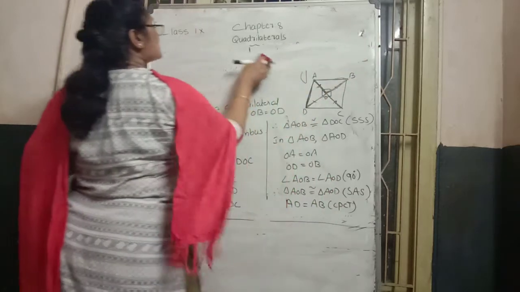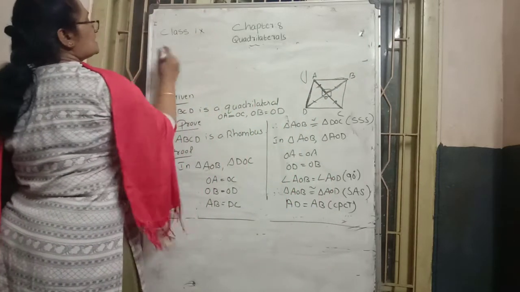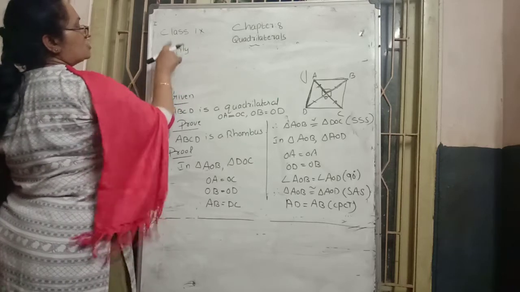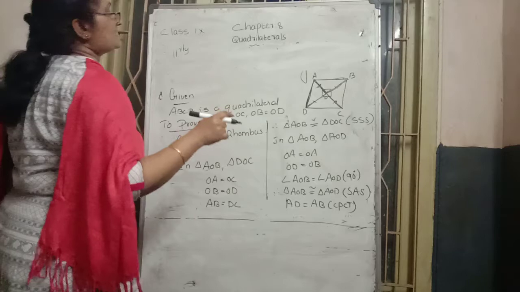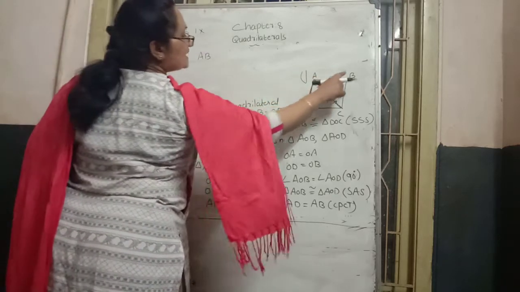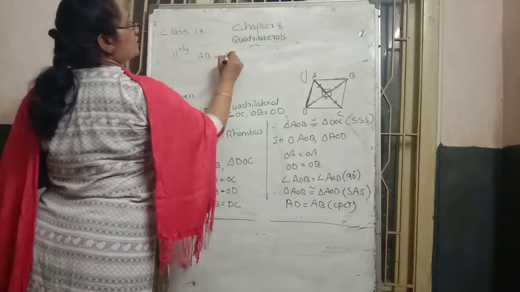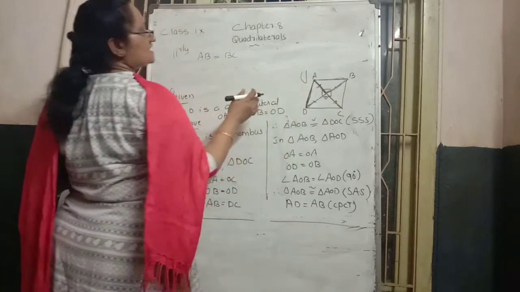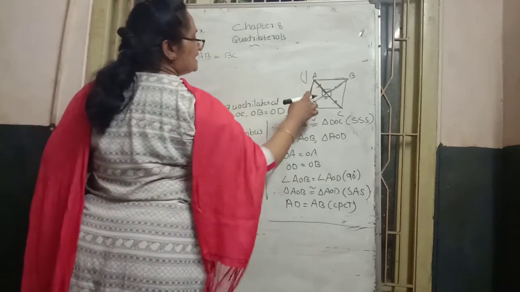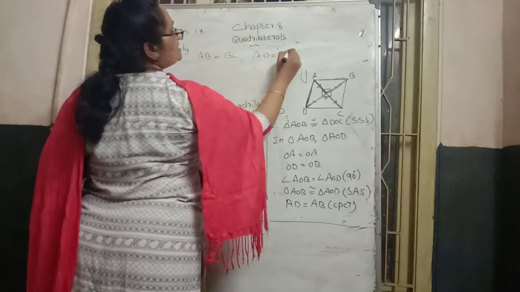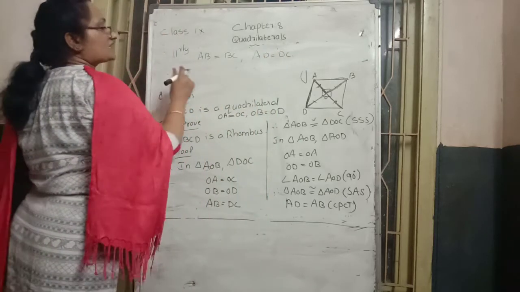Which are the remaining sides? This symbol represents similarity: two long lines represent similarity. There we can say AB side and DC side, BC side. We do not need to prove again that DC is equal, BC is equal, and in the same way AD side is equal to DC side. Therefore, what can we say?